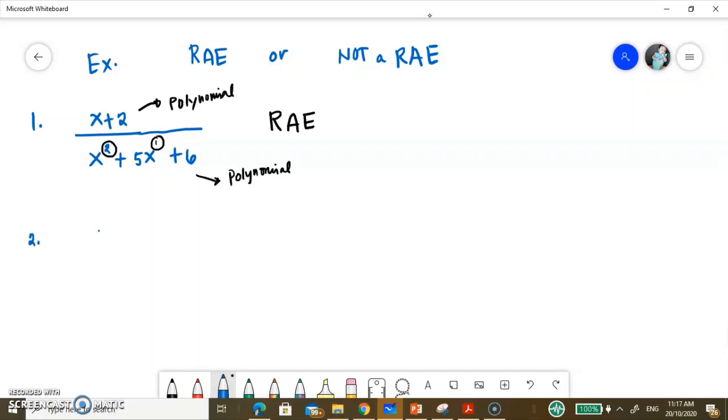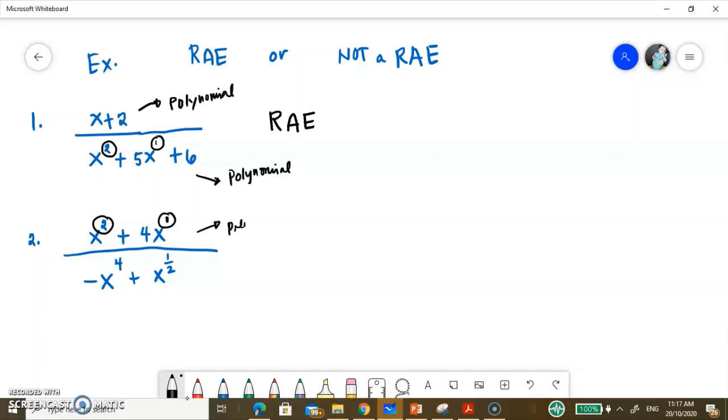If you have, say, x squared plus 4x over negative x raised to 4 plus x raised to 1/2. So let's check the numerator. Okay, the numerator has variables with exponents that are whole numbers. Therefore, our numerator is a polynomial.